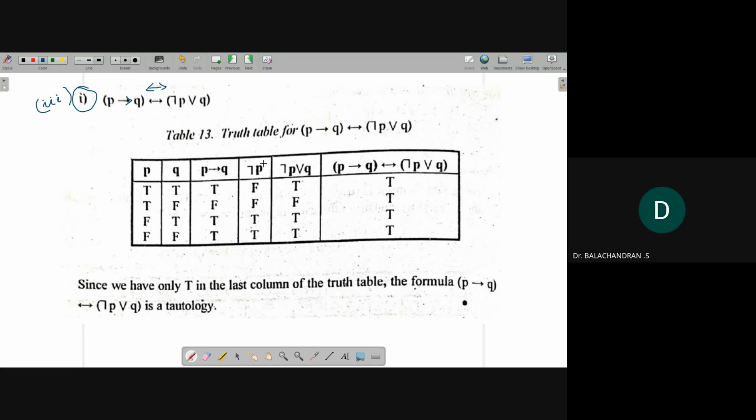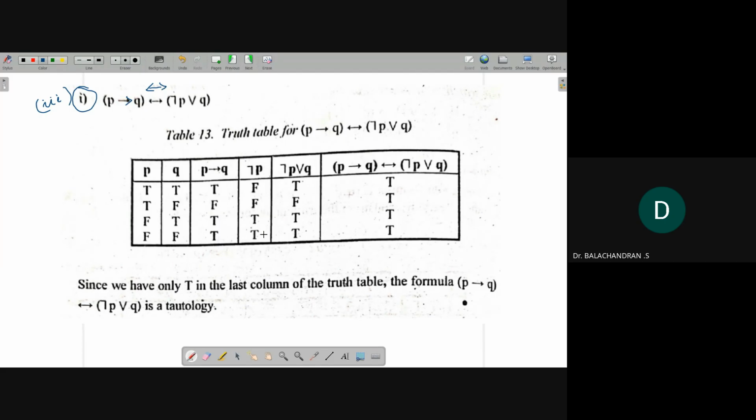You can write negation P also here. Okay, no problem. First negation P and then P implies Q you can write, and then negation P or Q I need, and then you should write the whole problem here. So first two columns are familiar to you. P implies Q is false only if P is true and Q is false. Remaining all other cases it is true.